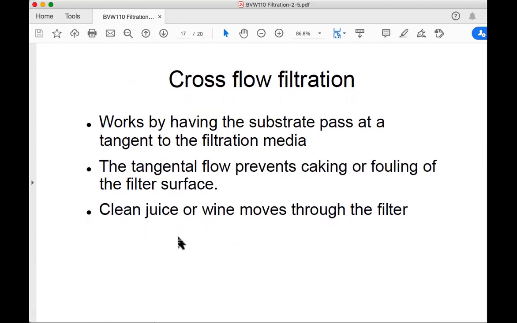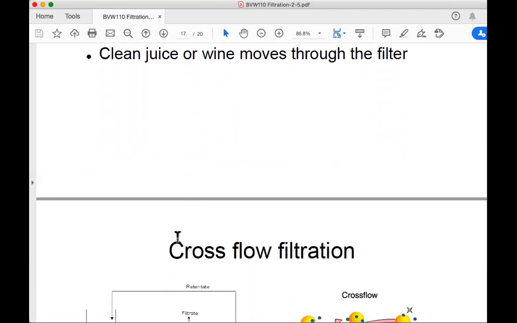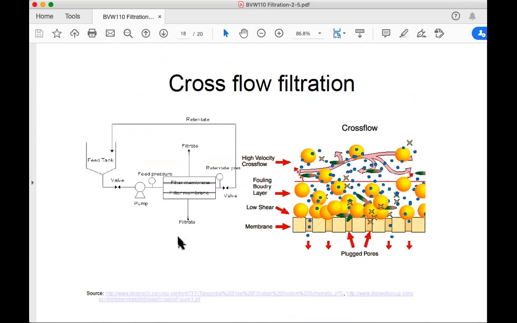Okay, so next we're going to move on to cross-flow filtration, which is different to all of those other methods because the flow of the liquid is not crashing. We're not permanently blocking pores in our filtration media. The flow is across our filtration media, as illustrated here.